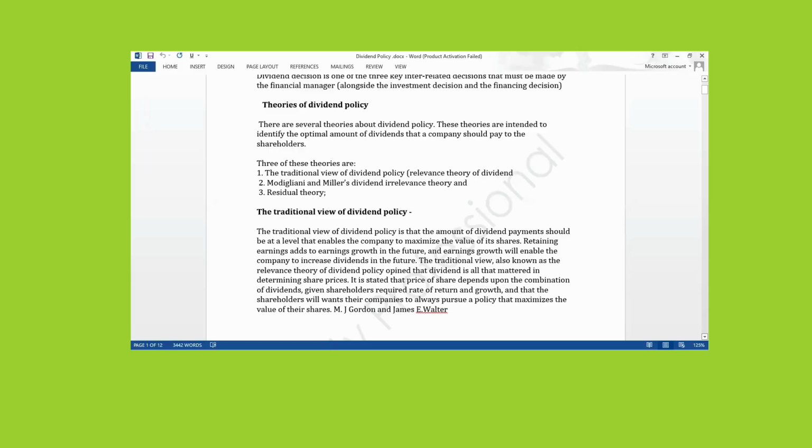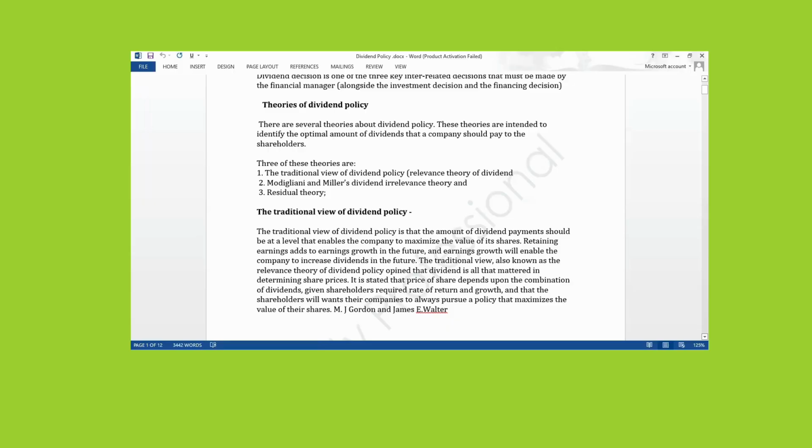Dividend is very important in determining share price. Companies should pay dividends regularly to shareholders. That is the traditional view.